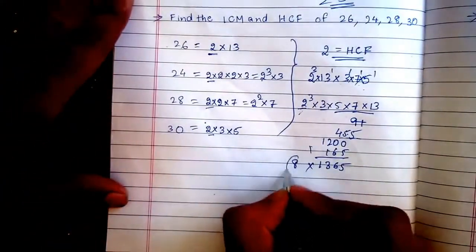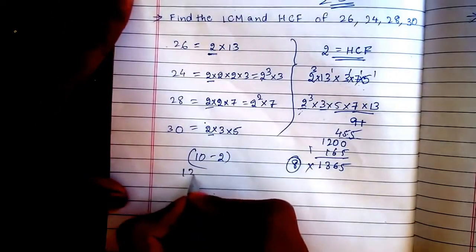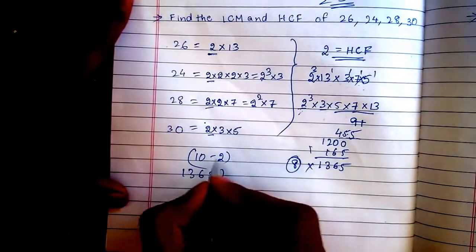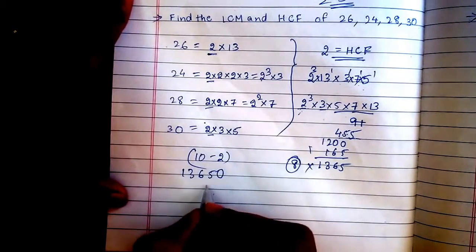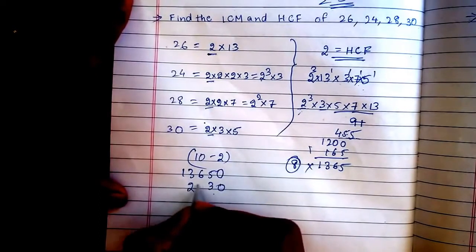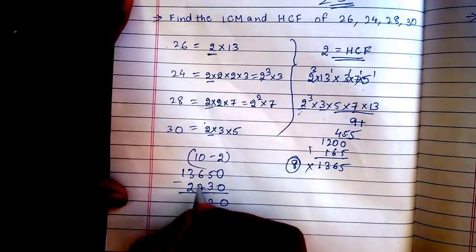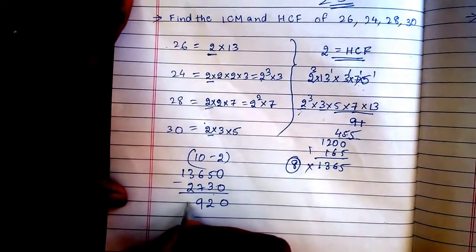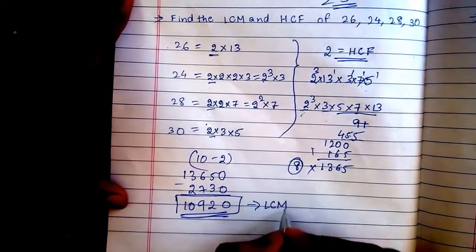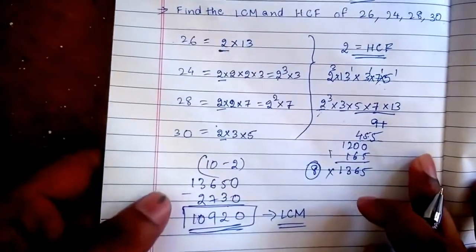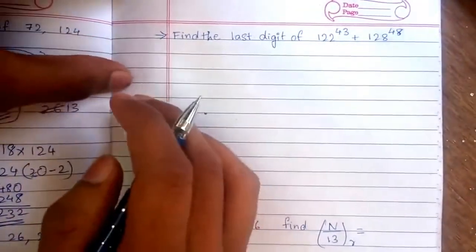So 1365 multiplied by 8 I can take as 10 minus 2, and 1365 into 10 is 13650, 1365 into 2 should be 2730. Now the difference, 10920 is the LCM.